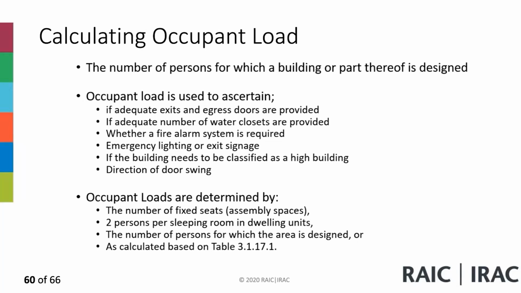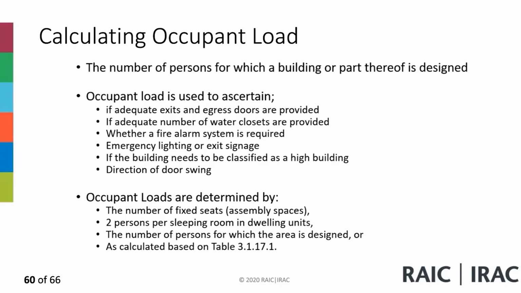So determining if a fire alarm is required, for emergency lighting and exit signage, and if the building needs to be classified as a high building, the direction of door swing. So if you want to determine if the door can swing opposite to the path of egress, that depends also on the number of people using the room and the door.